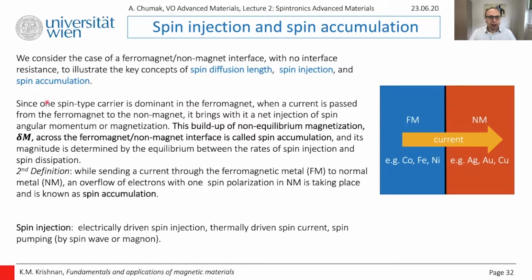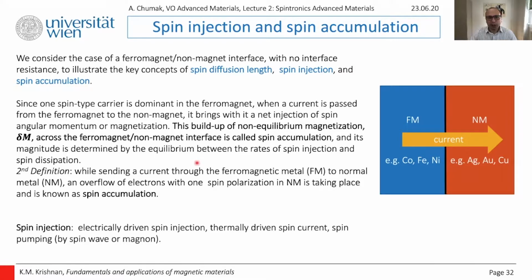So spin injection is clear. What is spin accumulation? In principle, spin accumulation is just an accumulation of your spin polarized electrons here at the interface. I show you here two definitions. In this definition, we are talking about spin accumulation as an overflow of electrons with one spin polarization. But you can also define it slightly differently, like it's done in the Krishnan book: since the spin polarization of an electron is associated with a magnetic moment, you can speak about total magnetization.